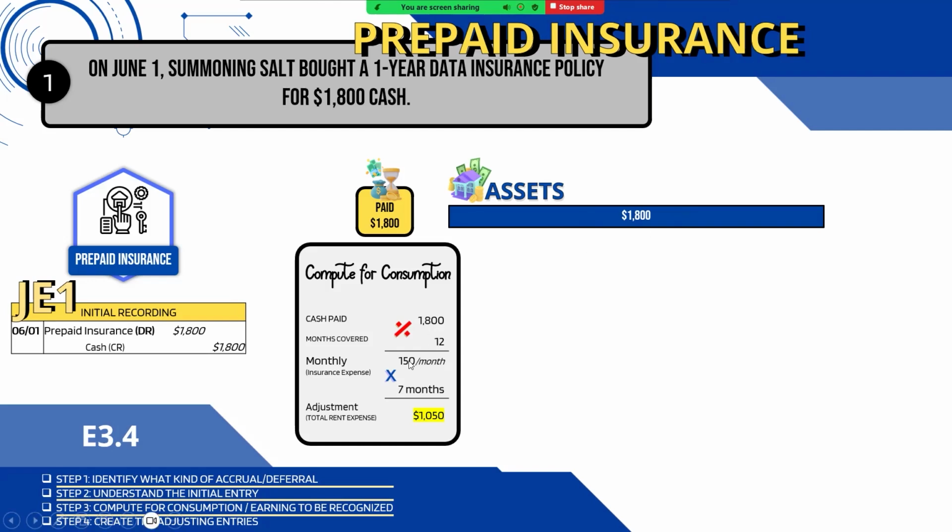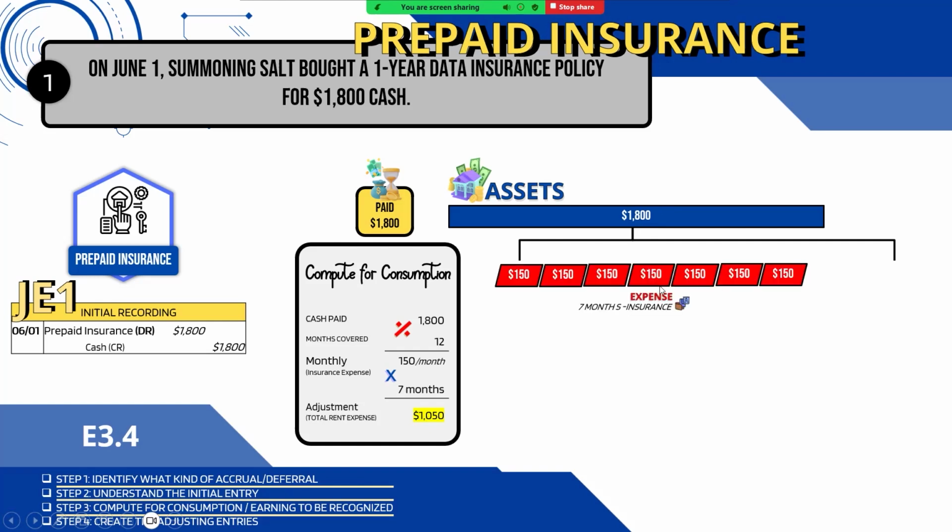So times the 7 months. So how did I arrive with 7? June 1, July, August, September, October, November. So 7. So from June 1, it's 7 months. So times 7 is 1,050. And therefore, what happens is that this 1,800, you can now break down into two.